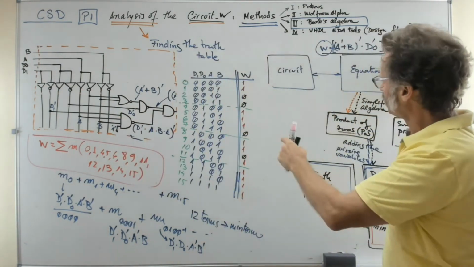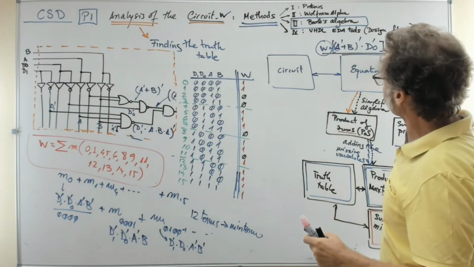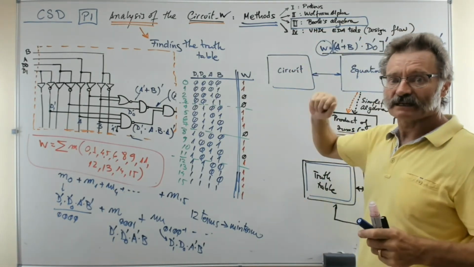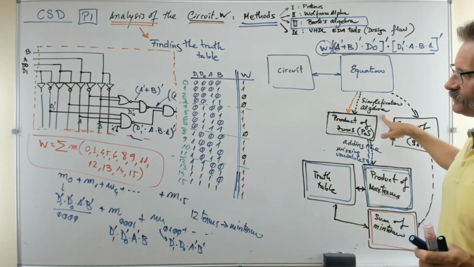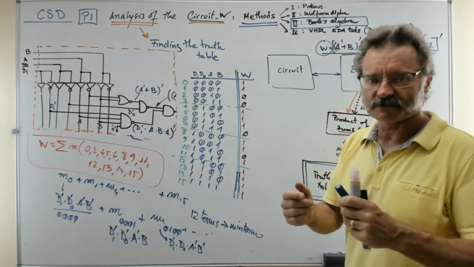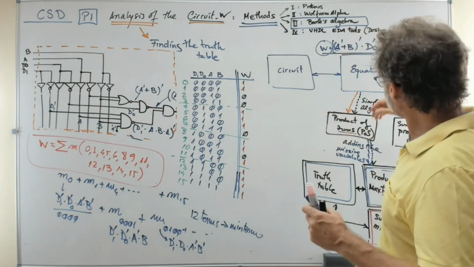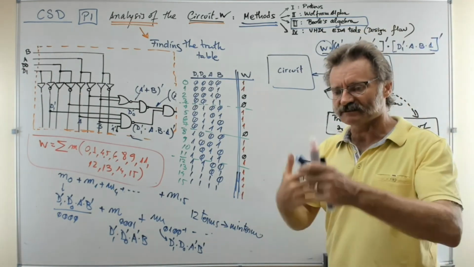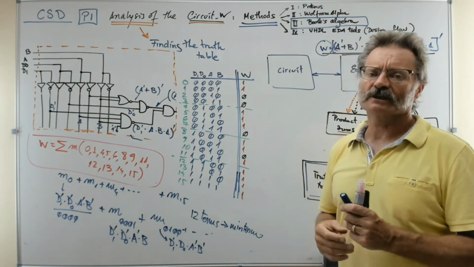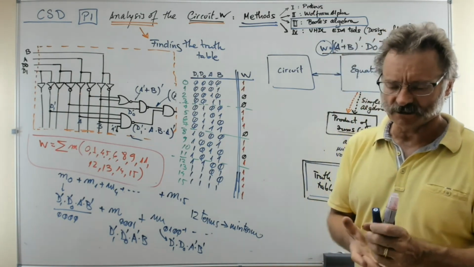Very well. So from this equation, if you like to go by a handwritten analysis, you can simplify using postulates and theorems of Boole's algebra, so that you get this concept, which is extremely important and will be retaken later when we talk about minimization using minilog and the like.